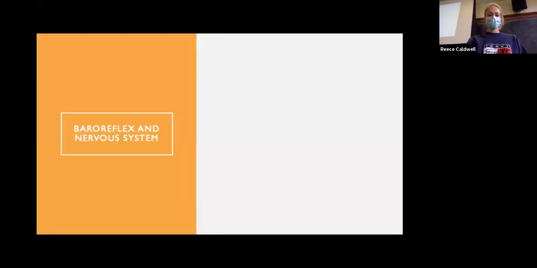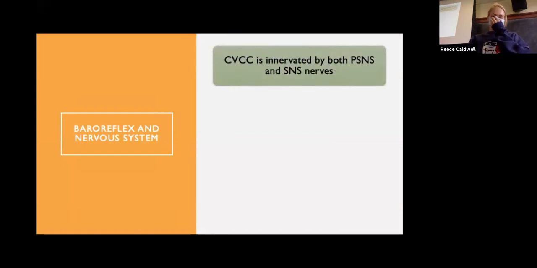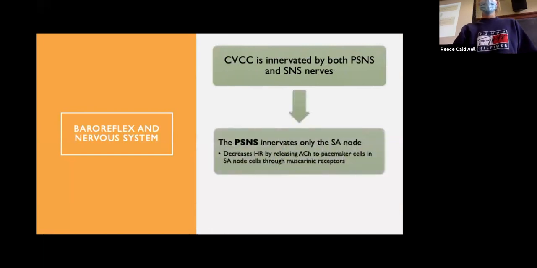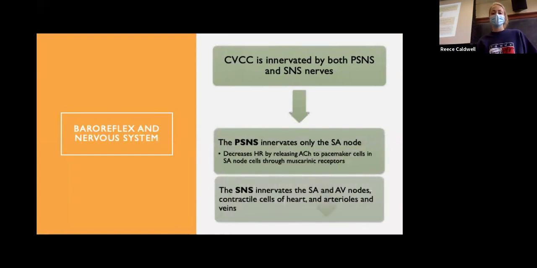All right, so what we see is that the cardiovascular control center is innervated by both the parasympathetic nervous system and the sympathetic nervous system. This is super important to know, and this is a question, but this is kind of a preview of it. The parasympathetic nervous system is only going to innervate the SA node.